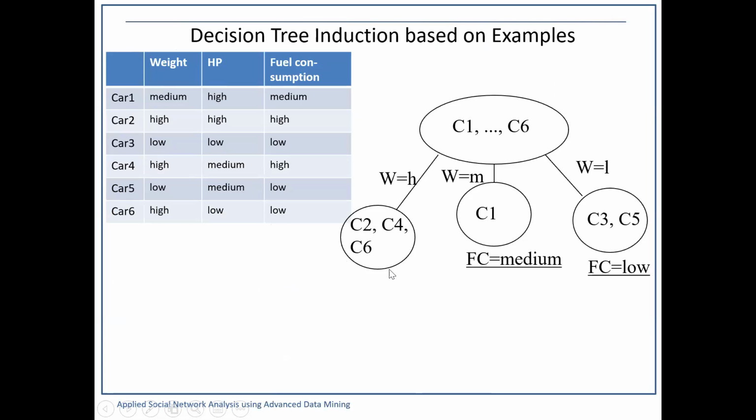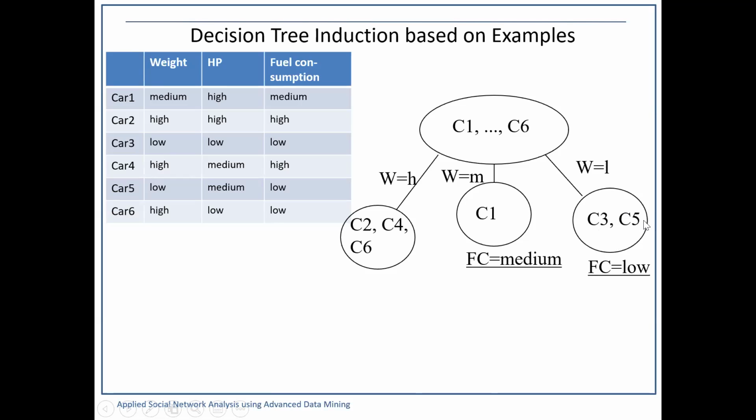That's the interpretation Shannon gave to the entropy. He said, this node here, fuel consumption low, where we have car 3 and car 5, does not provide any information. It's on the level 0. Entropy is 0. Since we don't have a mixture, information content of this node is 0.